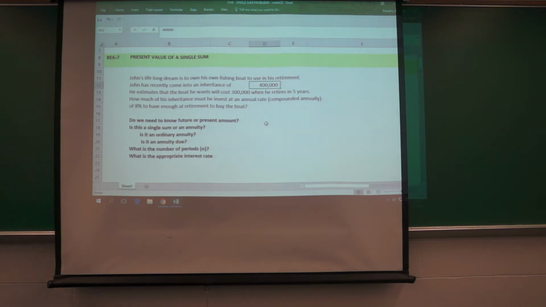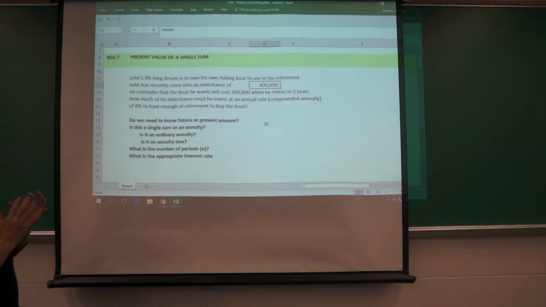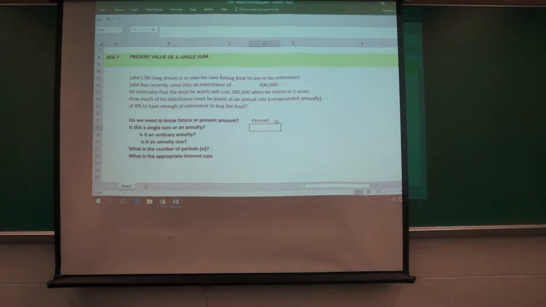So the first thing I usually ask is, do we need to know the present or the future amount? Here we know that it will cost 300,000 in 5 years, but how much does he need to deposit now to get there? So we need to know the present. Is it a single sum or an annuity?